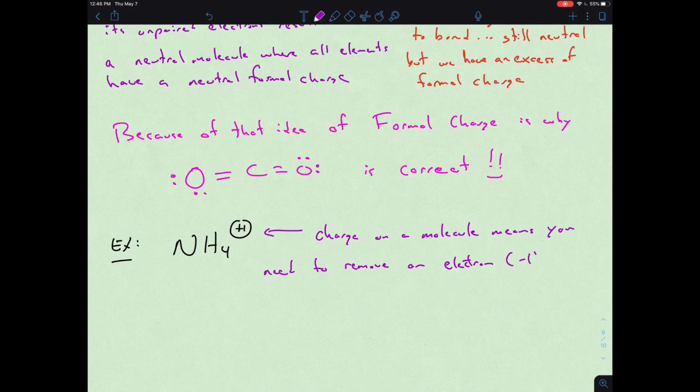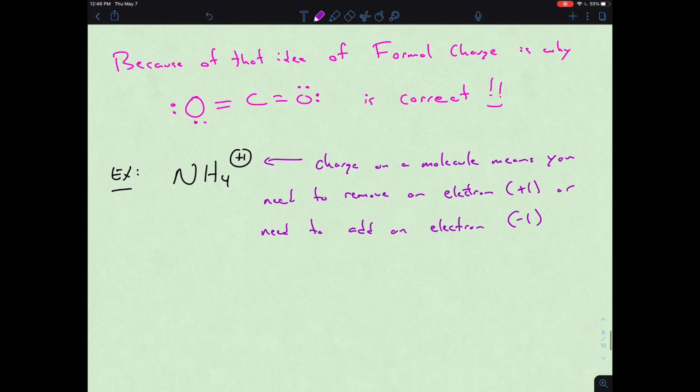That would be a minus type of charge. Or, I apologize, that would be a positive type of charge because you're removing an electron. Or you basically need to add an electron. And that's where we might have a -1 charge. So that's what that +1, -1, or this idea of charge is doing: we need to add electrons or remove electrons.